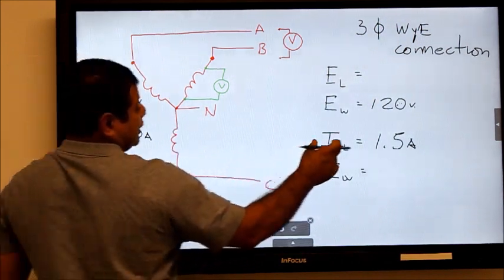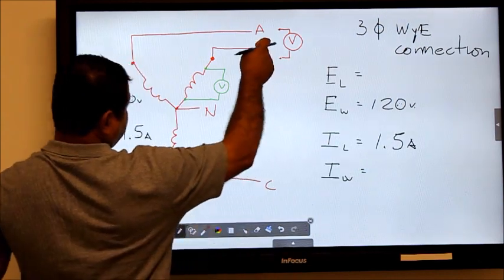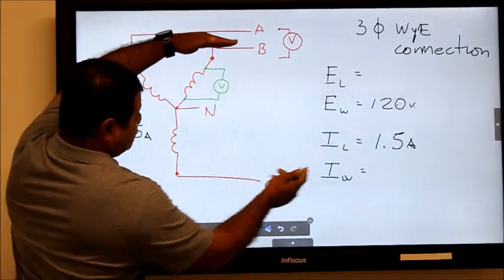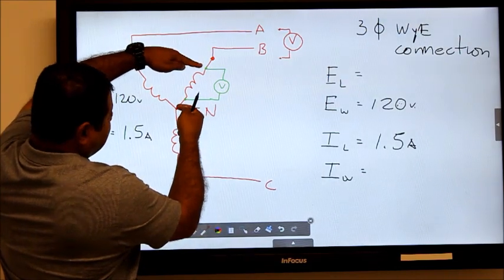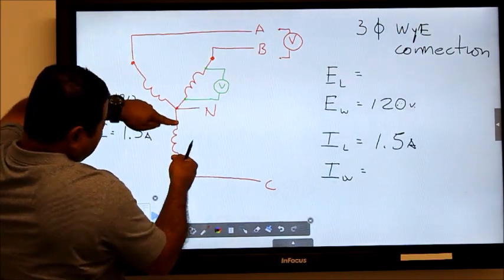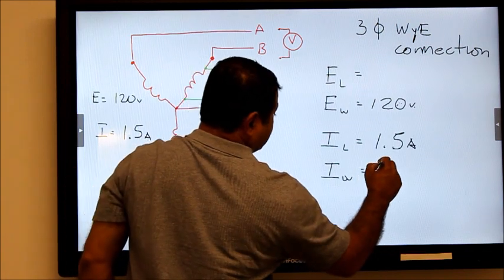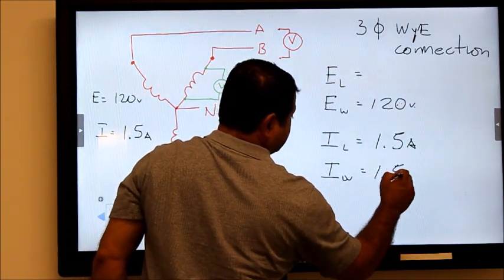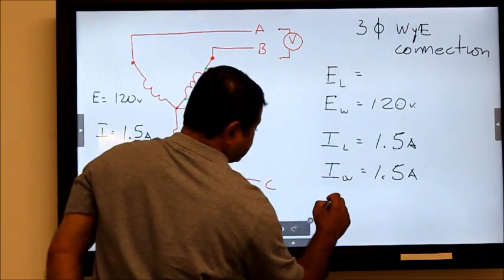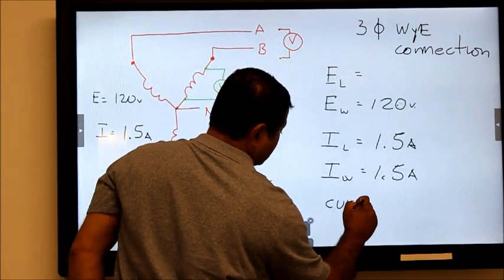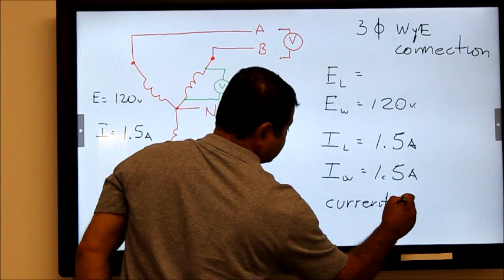So basically, the 1.5 from B to C, from phase to phase, is the same 1.5 you're going to get if you look at the winding. So the current is what stays constant in a Y connection. And that's really important. The current is constant.